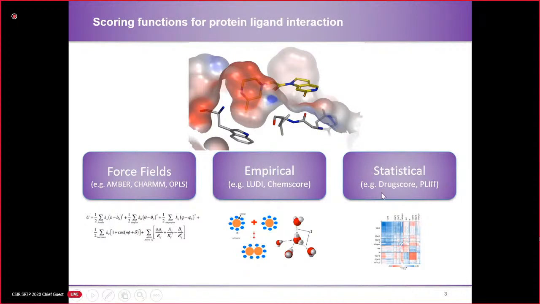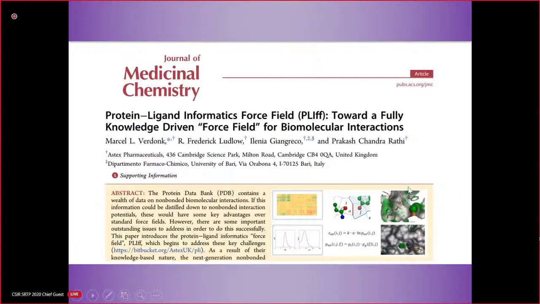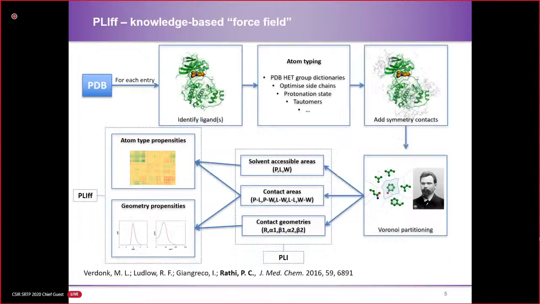So I will talk about one such statistical potential or knowledge-based scoring function called PLIT that we developed at STEX. If you want more detail, of course, you can go to this paper and see, but I'll try to cover some of the basics of the PLIT scoring function here.